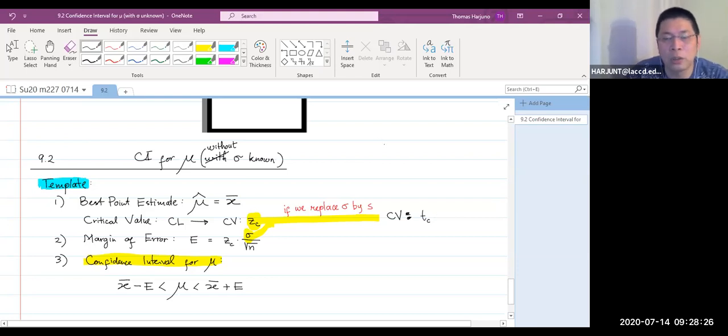So every time you replace the population standard deviation by the sample standard deviation, the associated critical value becomes the T distribution.